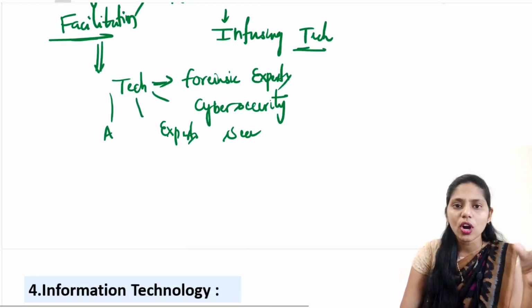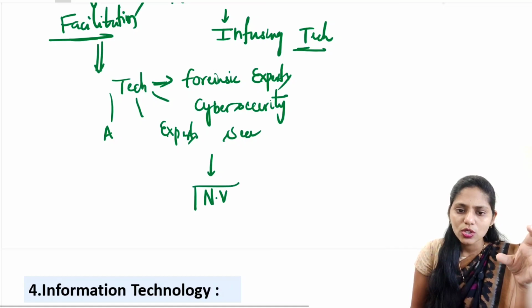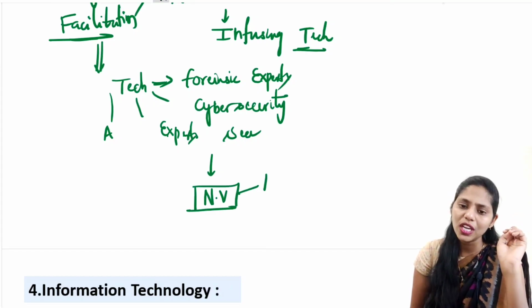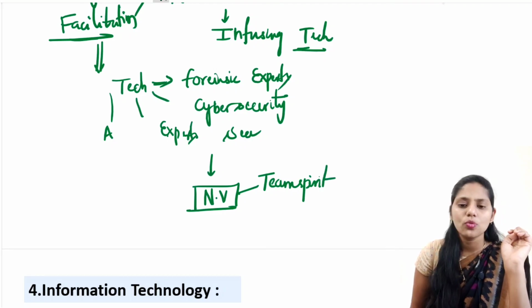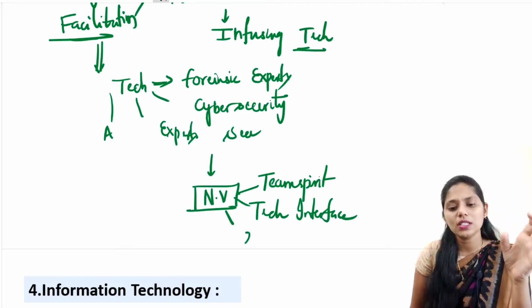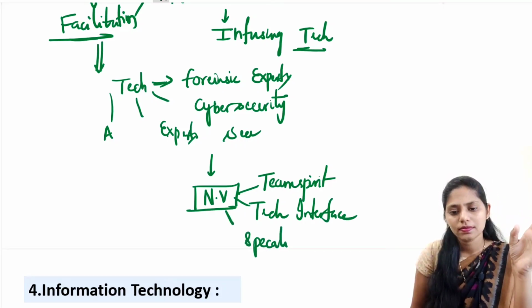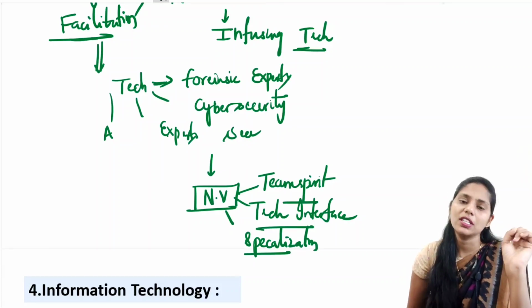Because of all these things, we need new values. What are the new values we need? We need team spirit, technological interface, and specialization.